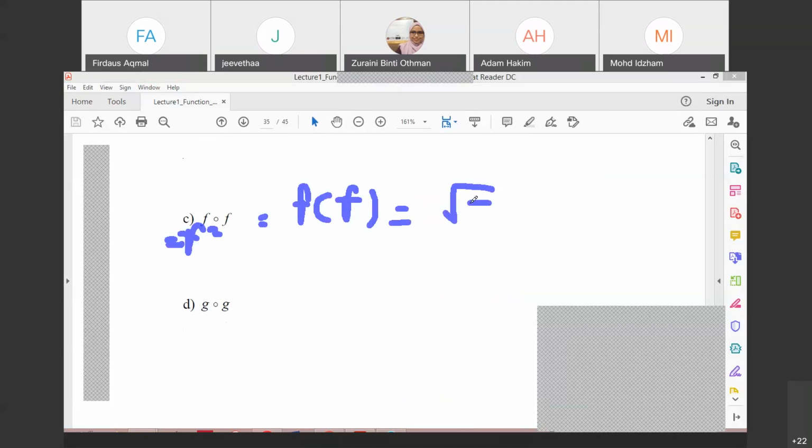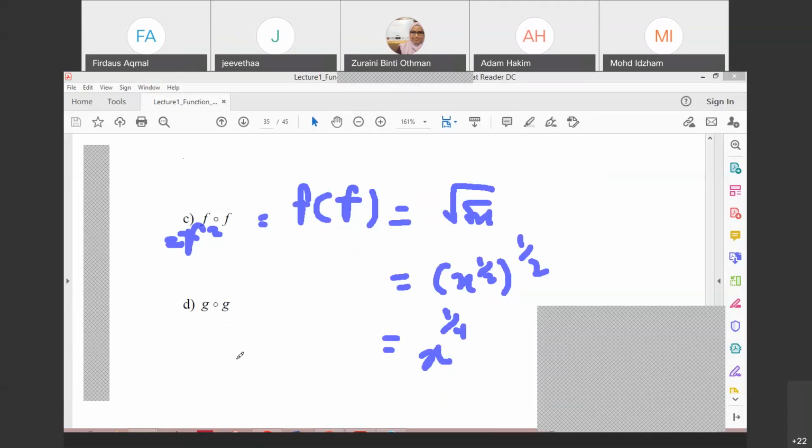So dalam X tu pun ada punca kuasa 2 kali punca kuasa. Ni maksudnya dalam ni ada X punca kuasa 2 ialah 1/2. Okey, dan dia punca kuasa yang dekat luar ni akan dapat 1/2. So the final answer will be what? X kuasa 1/4.